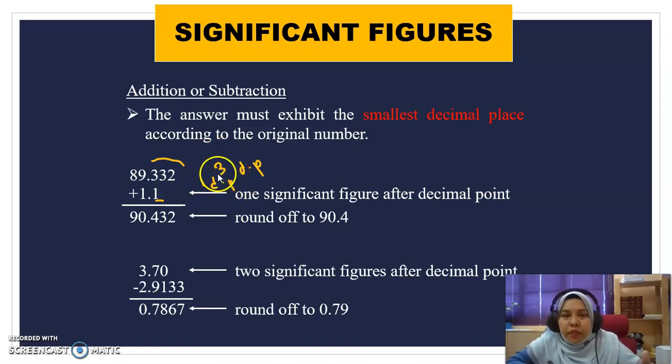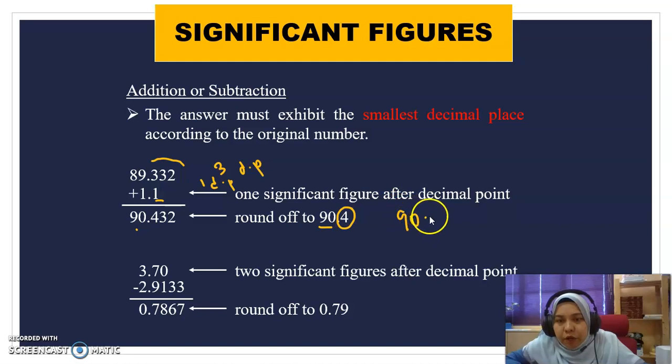The answer must be limited to the smallest decimal place, meaning the answer must have 1 decimal place. When you add on the calculator you get 90.432, so to report with the correct significant figures, we round it off to 90.4, where 1 is the smallest decimal place.